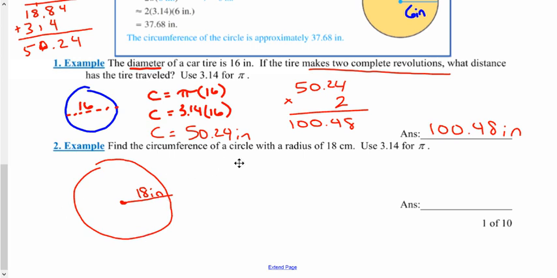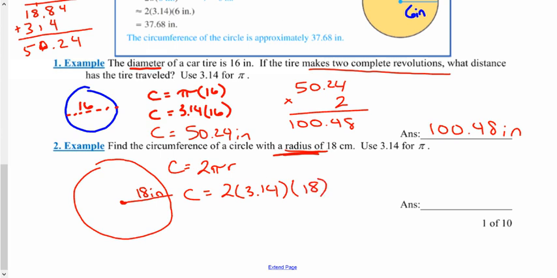So the circumference, we know that we're going to use 2 pi r this time. That's because we have a radius, not a diameter. So this is going to be 2 times 3.14 times the radius of 18.